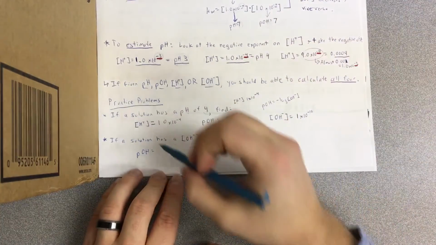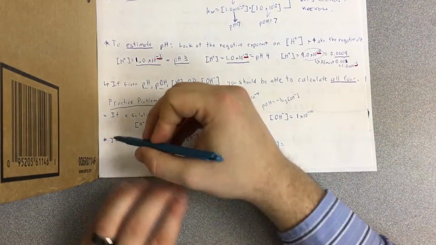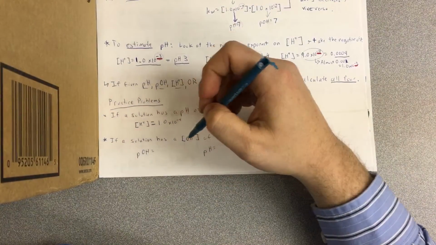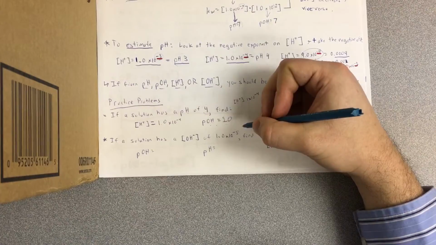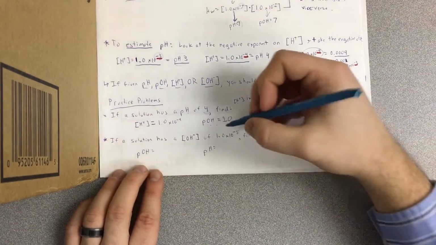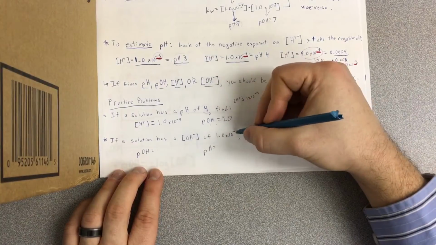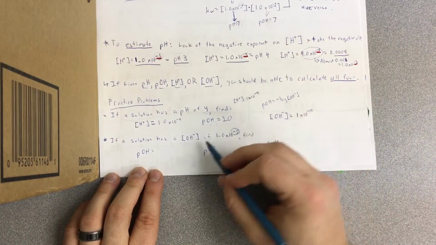Again, I'll just show one other example at a different starting point. So if we have a solution that has a concentration of OH- that is 1 times 10 to the negative 8, we can find all of these other values as well. We look at the exponent, we see this is 1 times 10 to the negative 8.